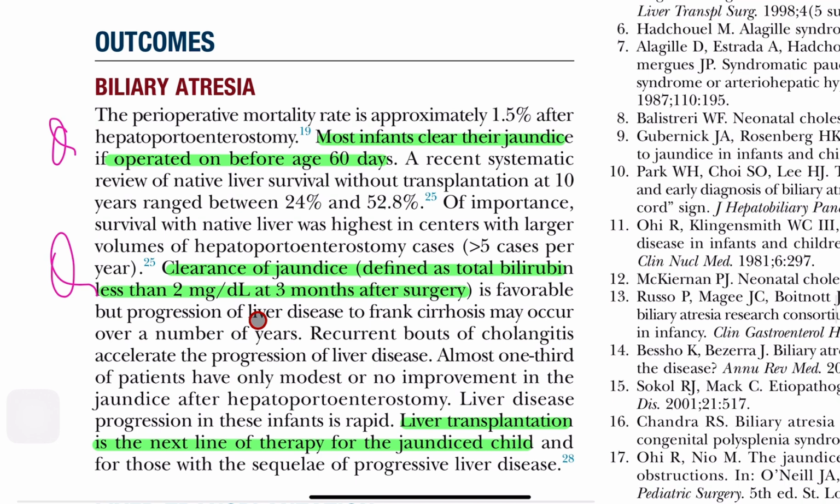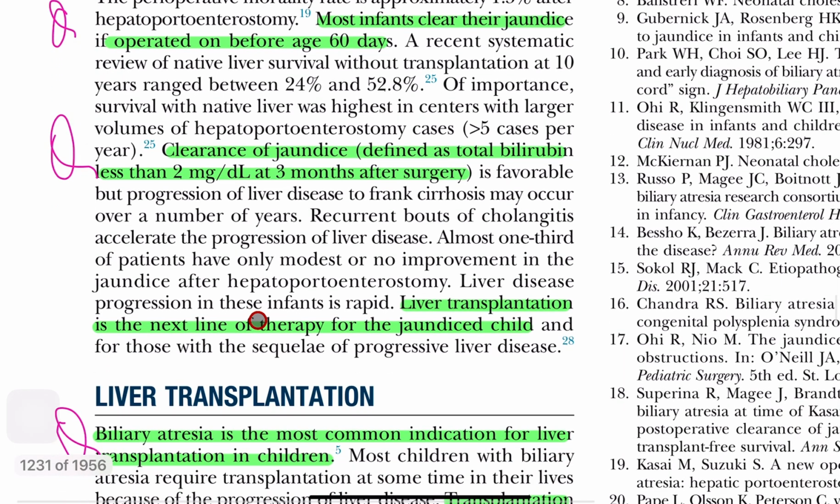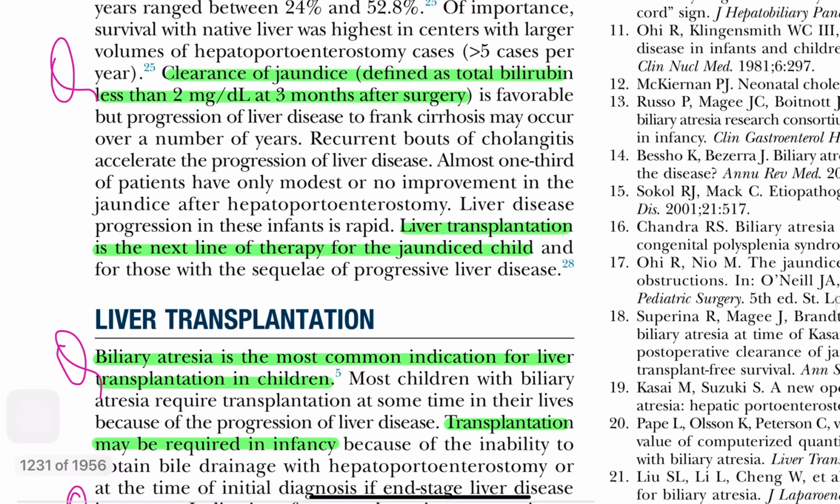Most infants clear their jaundice if operated on before the age of 60 days. Clearance of jaundice is defined as total bilirubin level less than 2 mg per dl at 3 months after surgery.